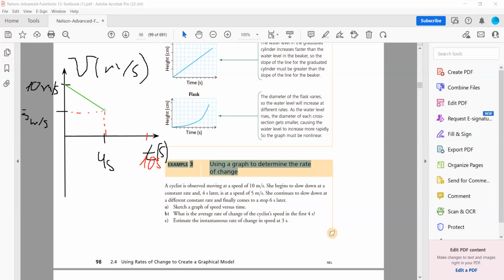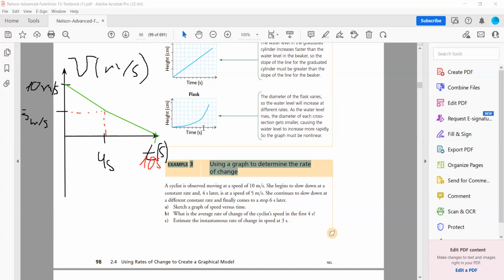Let's take a look whether this rate of change should be steeper or less steep, whether she slows down faster or slower. Here in 4 seconds, she slowed down by 5 meters per second. And in the next period, 6 seconds, she slowed down by another 5 meters per second. So I conclude that from 0 to 4 she was slowing down more intensively than from 4 to 10, from 5 to 0.